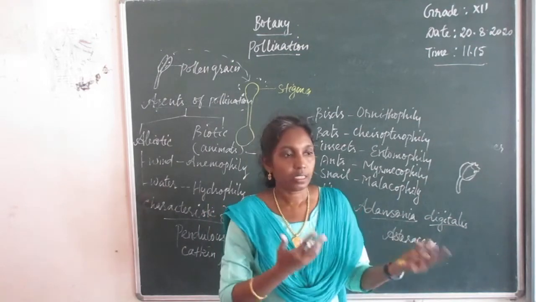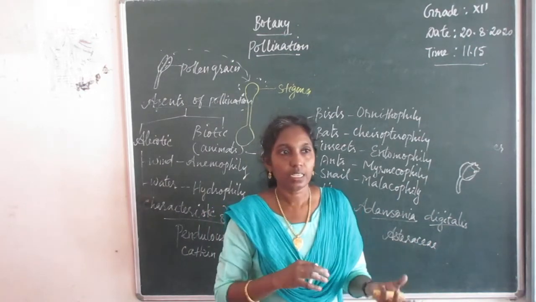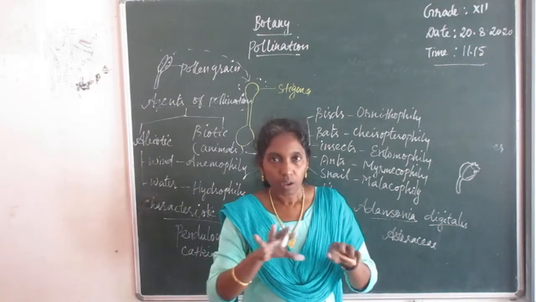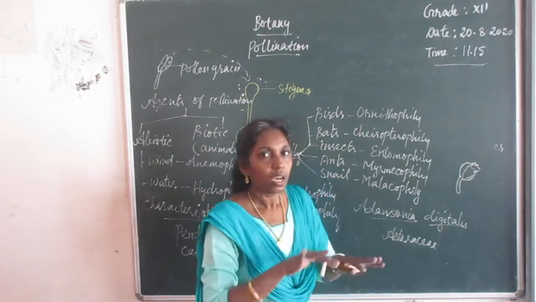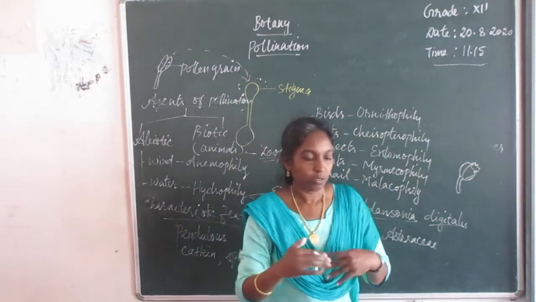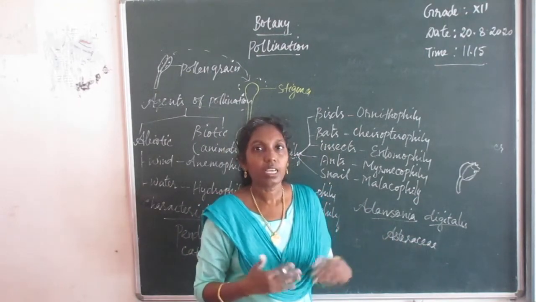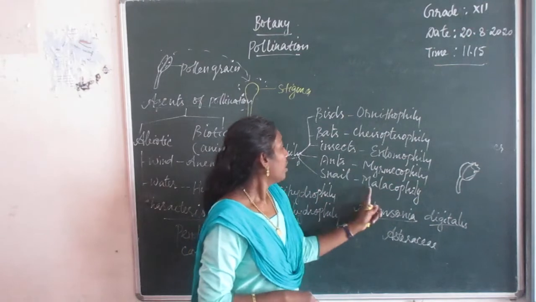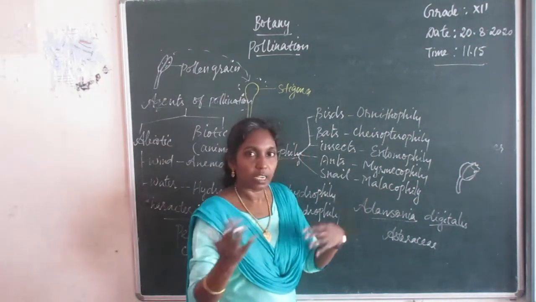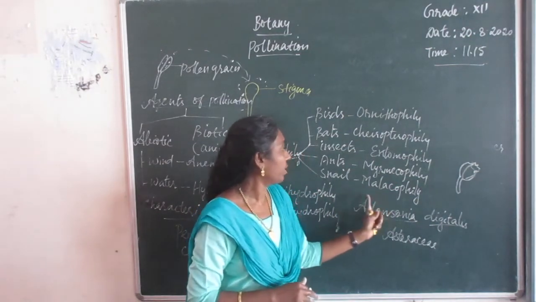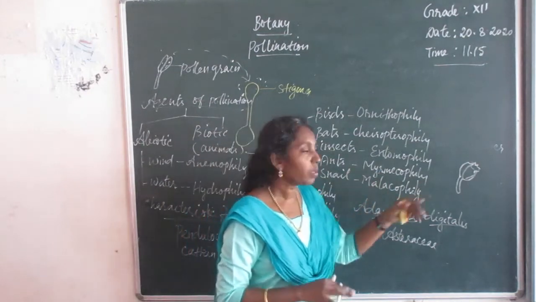Slugs and snails, either terrestrial, move here and there or crawl slowly among aquatic herbs, and pollination is effectively carried out. So snail-pollinated flowers are called malacophily. Ant-pollinated flowers are myrmecophily.